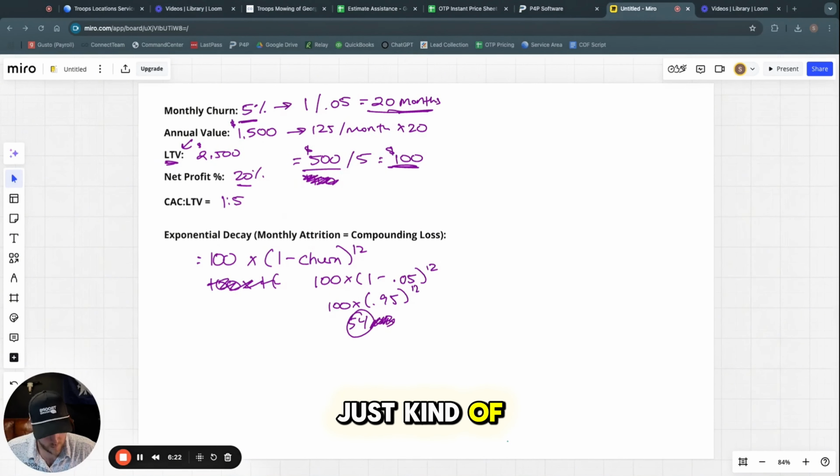So for easy math, let's just say 54. What this tells me is after 12 months, and assuming I get no new customers, I'm only going to have 54 customers left out of that starting value. In other words, you've lost 46 customers.